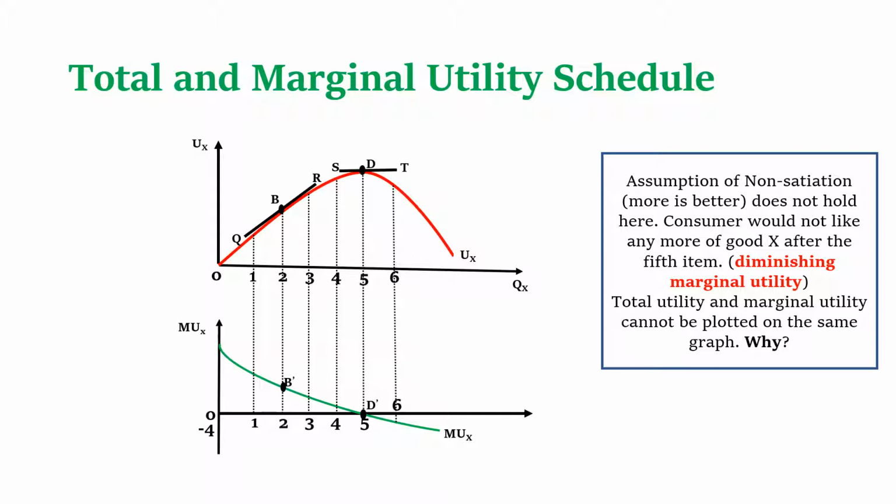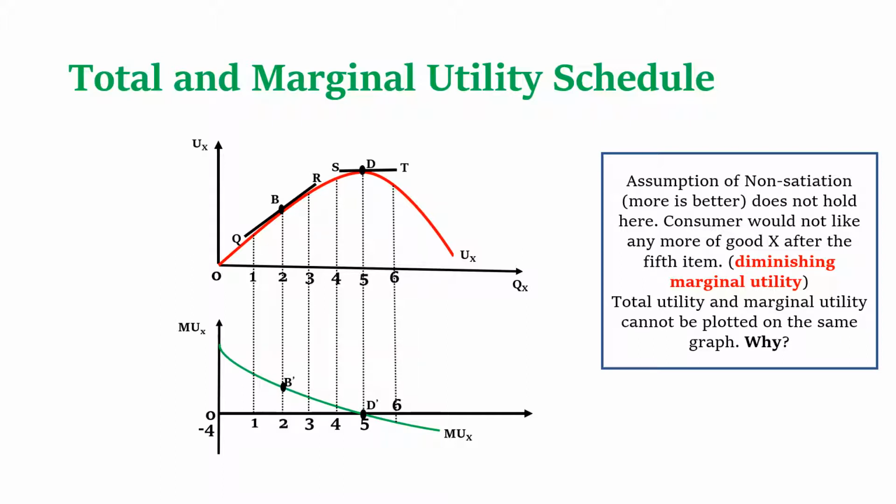So you see how the assumption of non-satiation or monotonicity collapses. It is not in all cases that the utility function is a monotonic transformation of consumer preferences. In this particular case, the consumer is satiated at point D. He can no longer accept any additional amount of the good because he derives less and less satisfaction as he takes an additional unit.